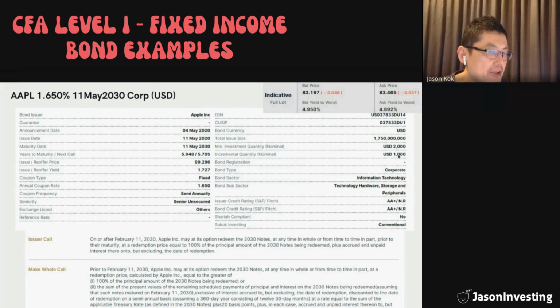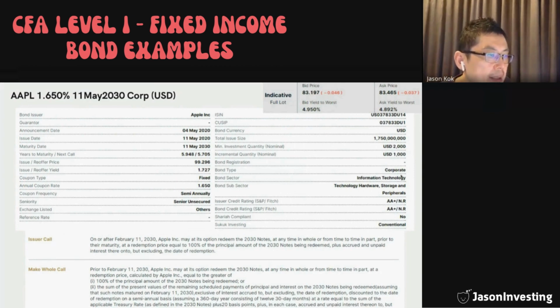So you can buy 3,000, 4,000, 5,000. But I'm not exactly sure whether this will affect the bid-ask spread. I would reckon that probably a higher quantity will have a tighter spread. But in total, this bond is 1.75 billion, and they can split it into smaller nominal quantities for people to buy.